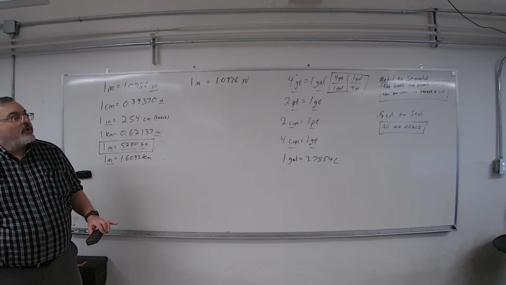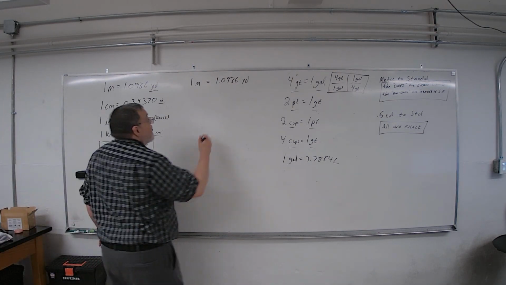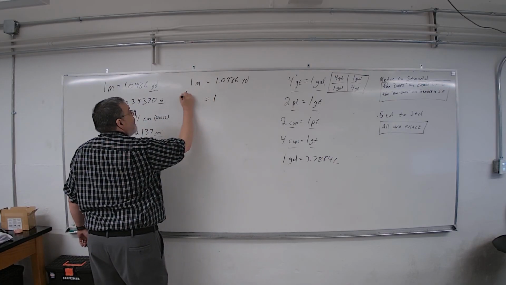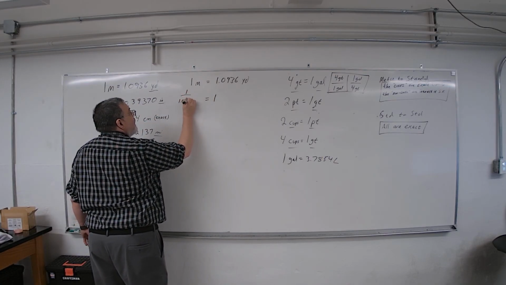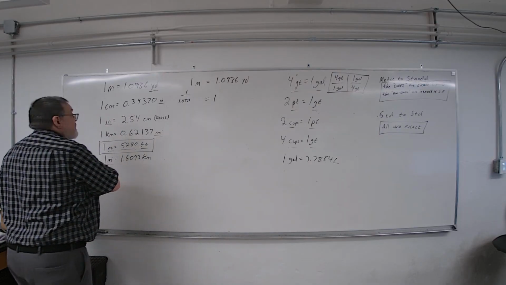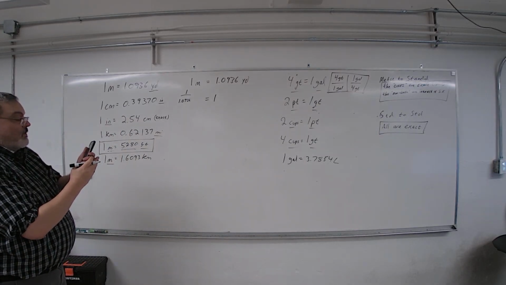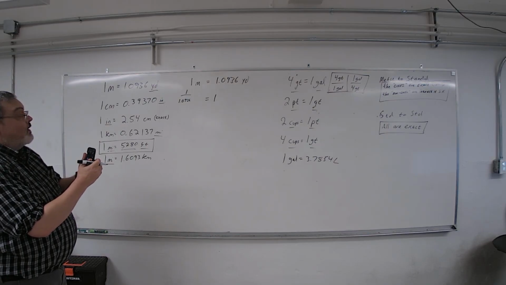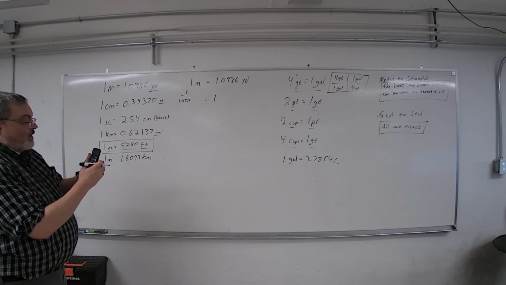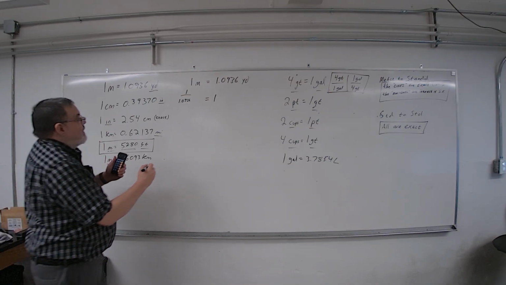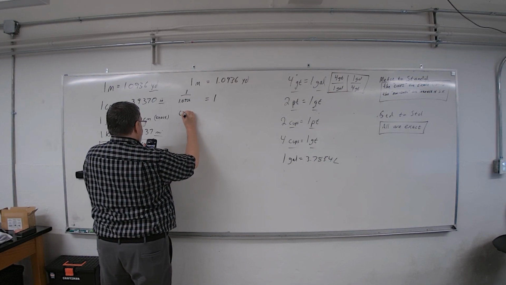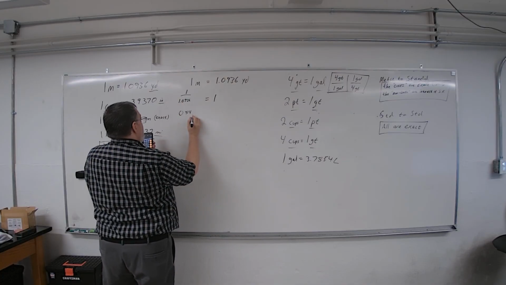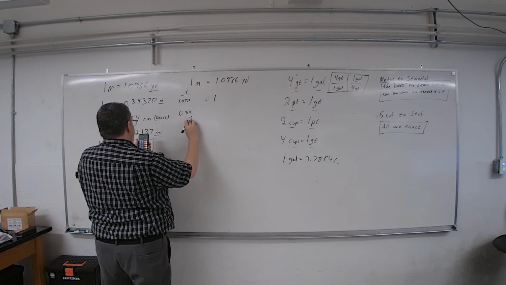I'm going to divide both sides by 1.0936. One, two, three, four, five.